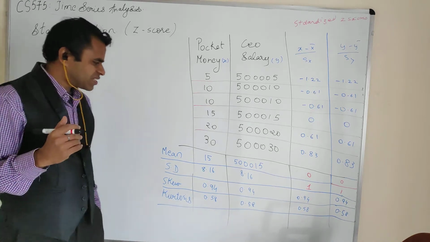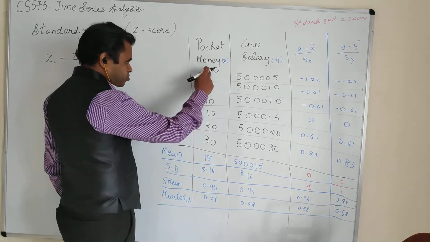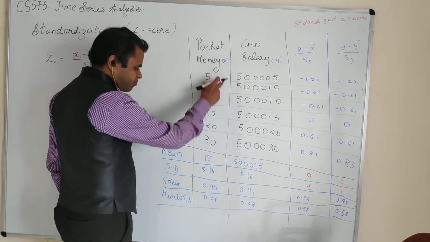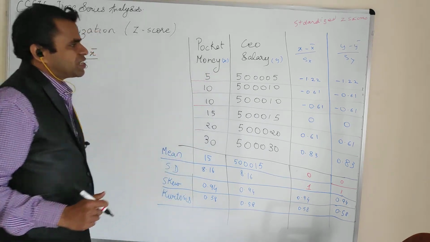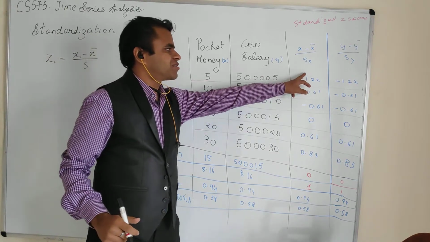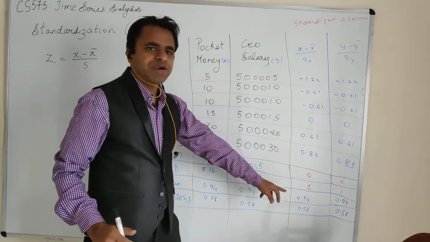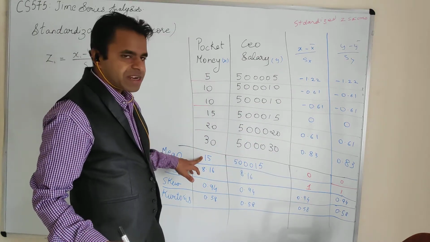So let us see with an example here. For all these values, when you subtract the mean, 15, from each value and divide by the standard deviation, you will be left with these values, right? For this value, I am calculating the z-score in this particular table. You can see 5 minus 15 is minus 10.